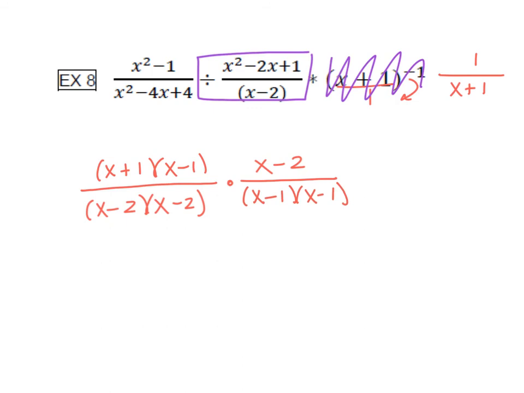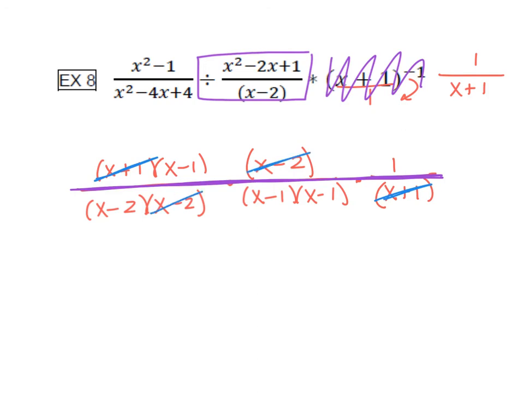All right, I'm going to do this all at one time. This is being multiplied by our third fraction, so I'm just going to carry this down, 1 over x plus 1. Now we have all multiplication straight across, so I'm going to make this one big fraction, because that's what would happen if we multiplied straight across. I'm going to put parentheses around the x minus 2, and now I'm looking for anything on the top that might cancel with anything on the bottom. First I see we have an x plus 1 and an x plus 1.